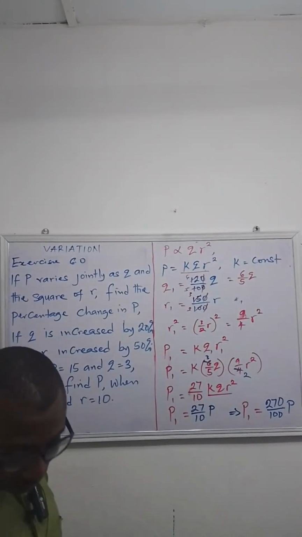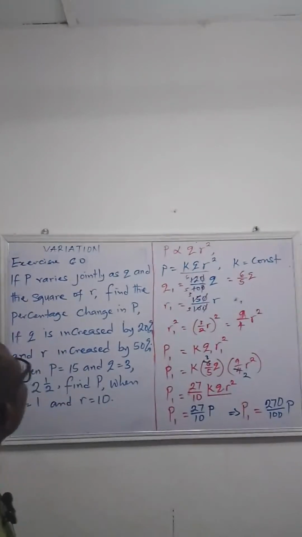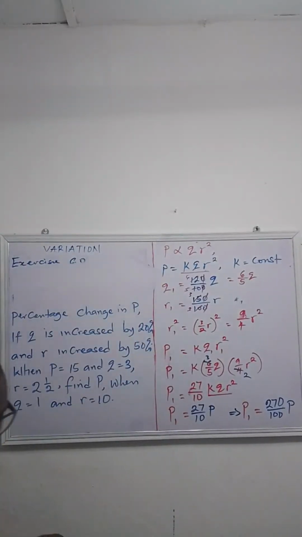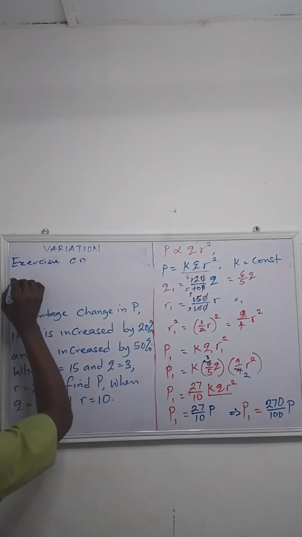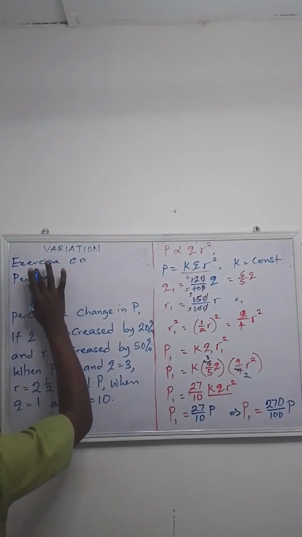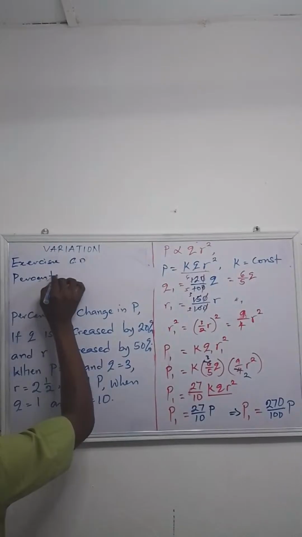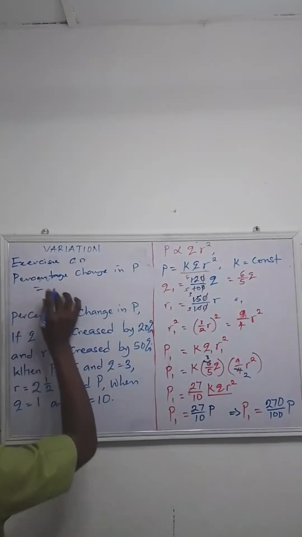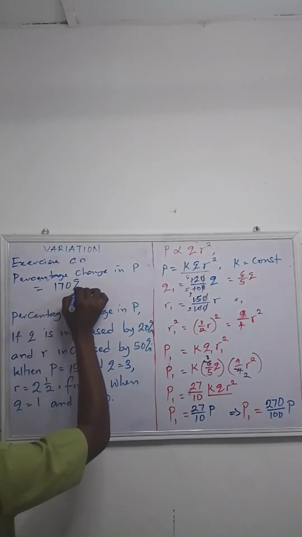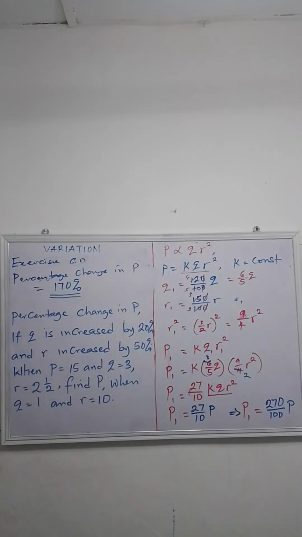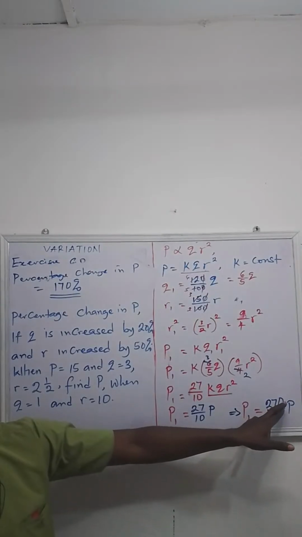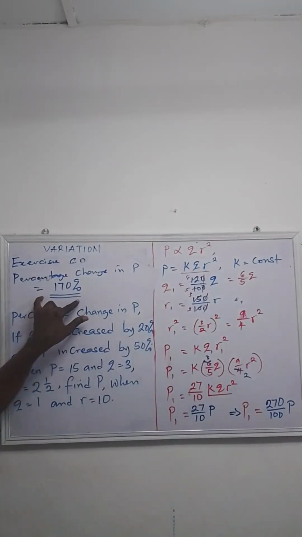So the percentage change in P will be 170%. So this is going to be the increment, and that's what the question is asking for. Just subtract 100 from 270. So this is the increment.